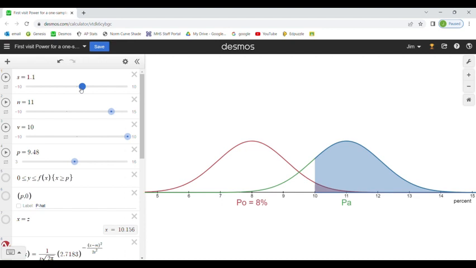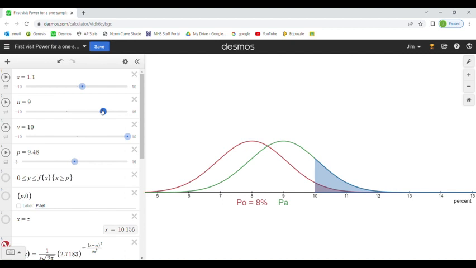Another way is to increase the effect. That means the difference between the hypothesized value and the alternative hypothesis is greater. So as my blemish rate increases, the power to detect that big blemish rate increases. Almost 100% of the time we would reject a truckload with a blemish rate of 13%, and that would be a higher power than if the truckload came in at 9%.